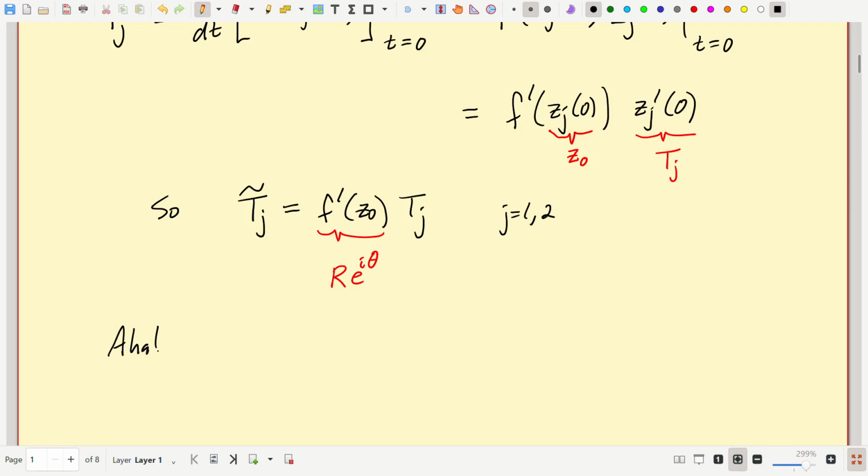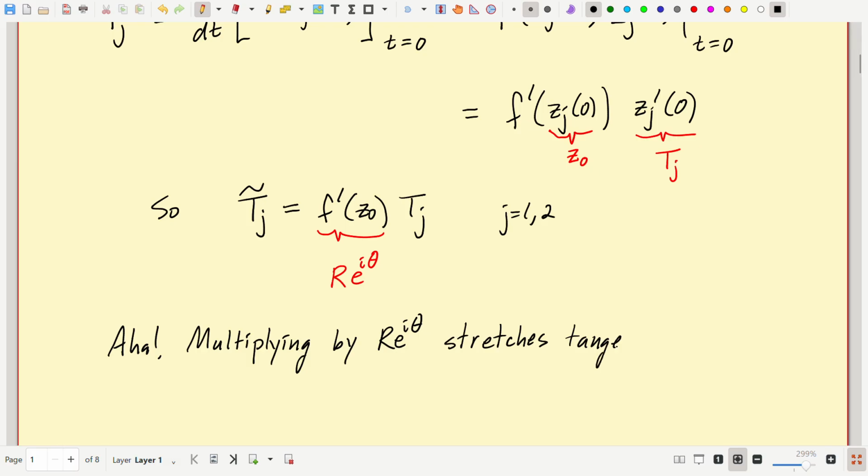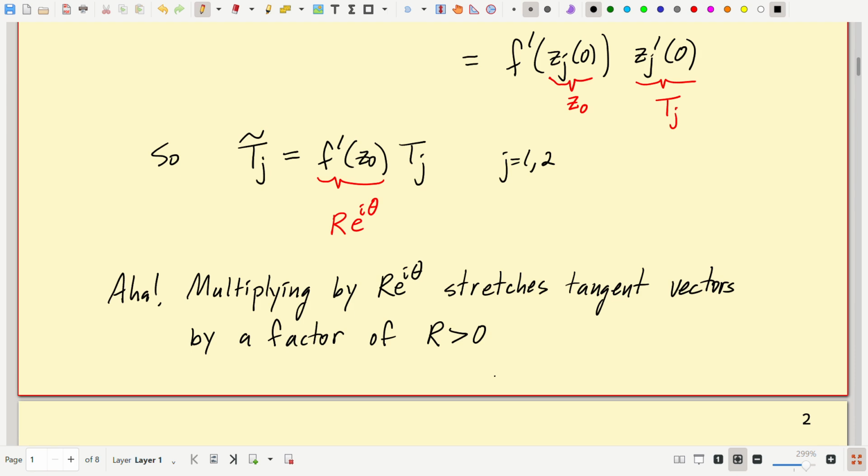So aha, multiplying by r e to the i theta stretches the tangent vectors by a factor of r, which is positive, because I'm assuming the derivative is non-vanishing, and rotates in the counterclockwise direction.